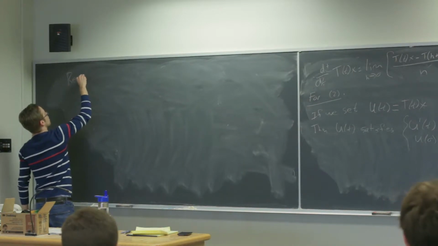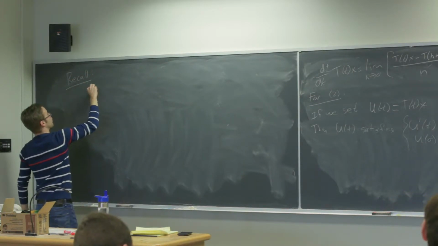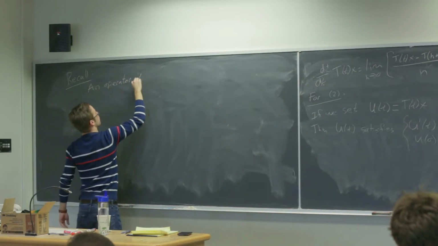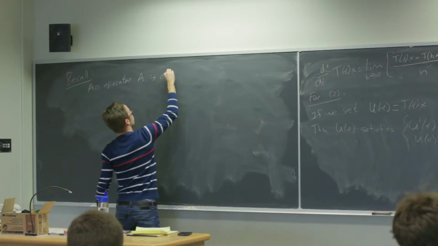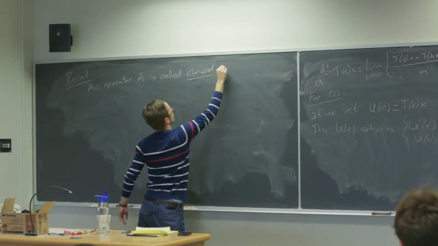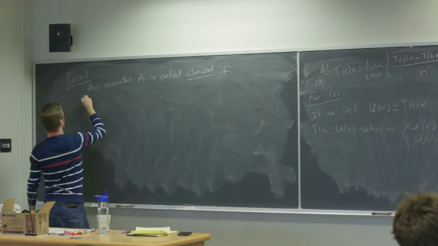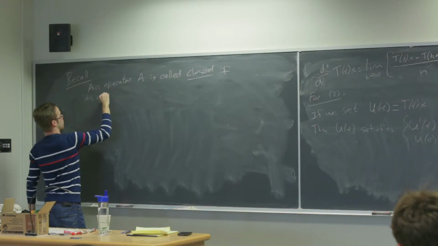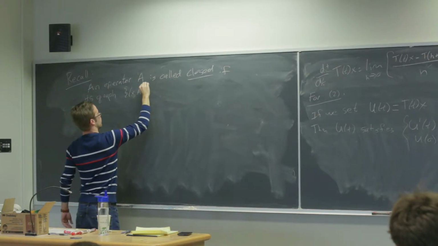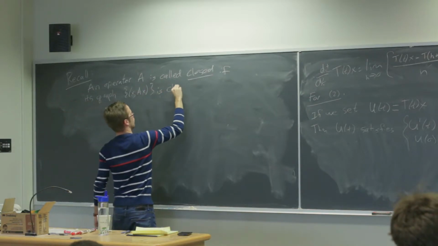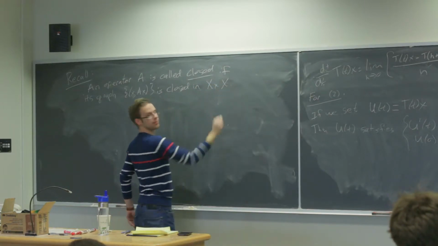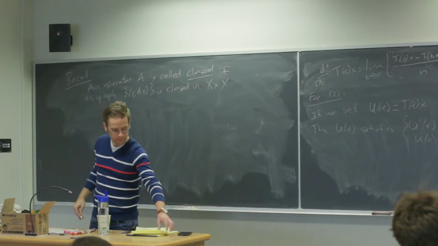So let me recall, an operator A is called closed if its graph is closed in X cross X. This is what I mean when I say closed operator.